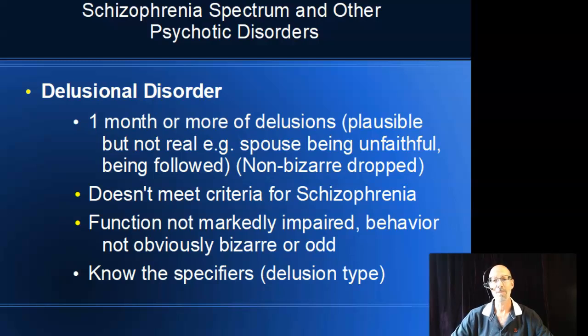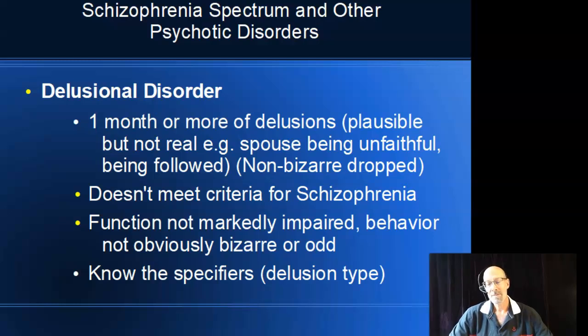The subject doesn't meet criteria for schizophrenia. Function is not markedly impaired. Behavior is not obviously bizarre or odd. So you look at Mr. Horn, he's walking to work. He's still able to hold down a job. So the behavior isn't obviously bizarre.